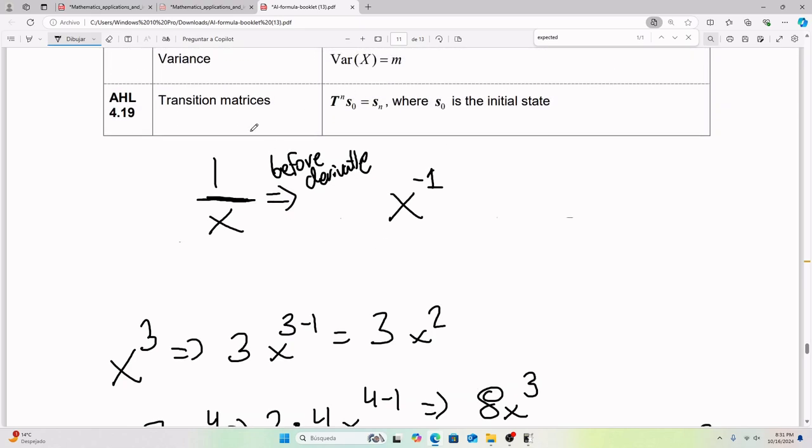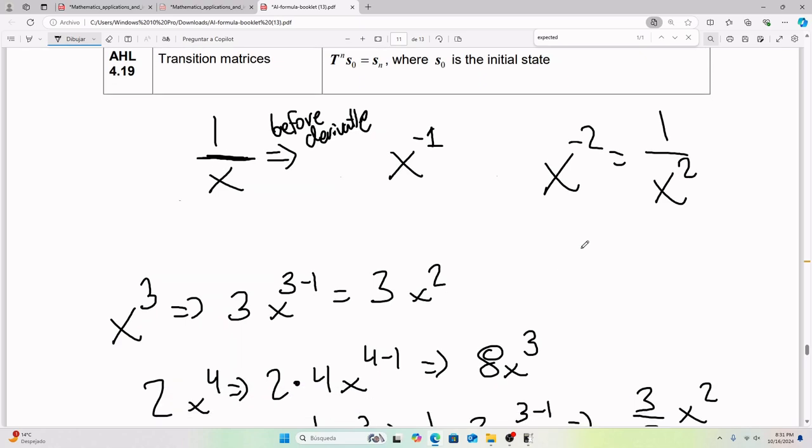-1. Let's remember that anything that has a negative exponent, you kind of like flip it. So x to the power of -2 ends up as 1 divided by x squared. 3x to the power of -3 ends up as 3 divided by x to the power of 3, okay? And so before the derivative, you're going to flip it, and then you do the derivative.